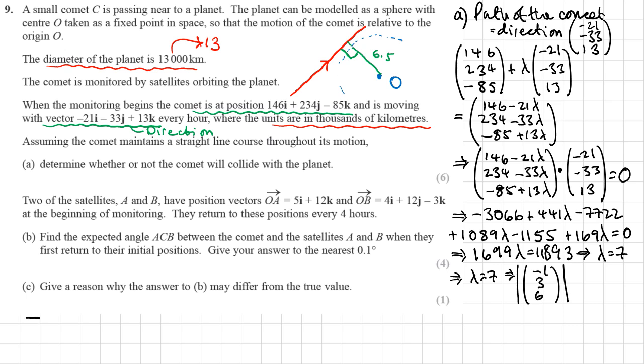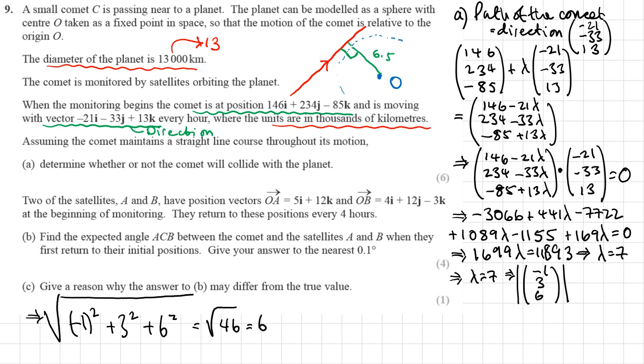Let's do it right over here. I've got a bit more space. So that would be the square root of negative 1 squared plus 3 squared plus 6 squared. That works out to be the square root of 46, and that gives me 6.7823 and so on.